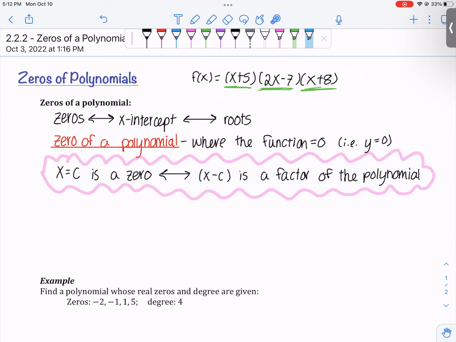If we say that x equal to 7 is a zero, then x minus 7 is a factor of the polynomial. So I'm just going to put down a few examples here. I just did 7 out loud, so I'll say it again. If 7 is a zero, that means that x minus 7 is a factor of the polynomial.